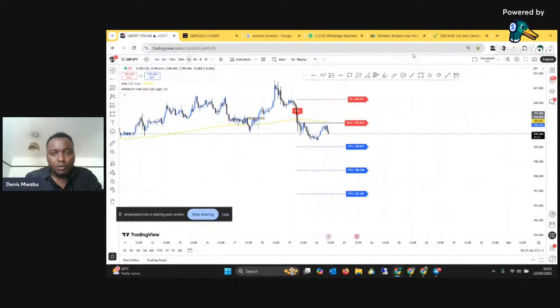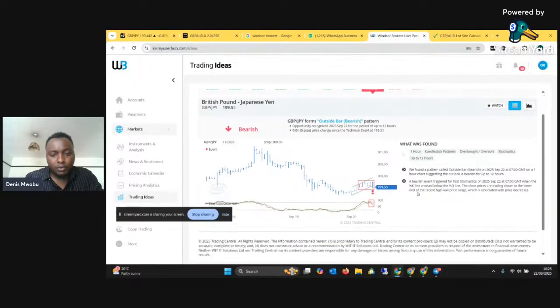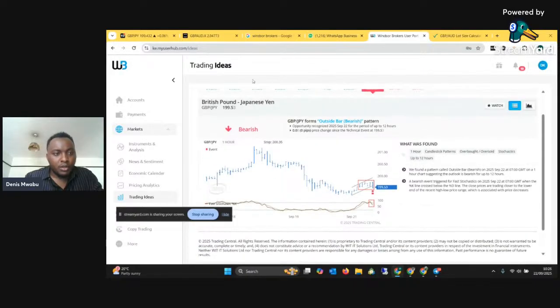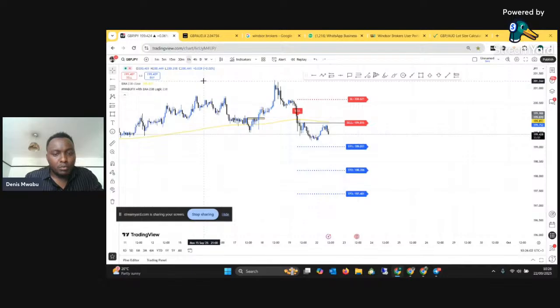On GBPJPY you can see we have a bearish outside bar. This is a very good sell, guys. 1 hour candlestick pattern, overbought, oversold zone up to 12 hours. You can see GBPJPY.